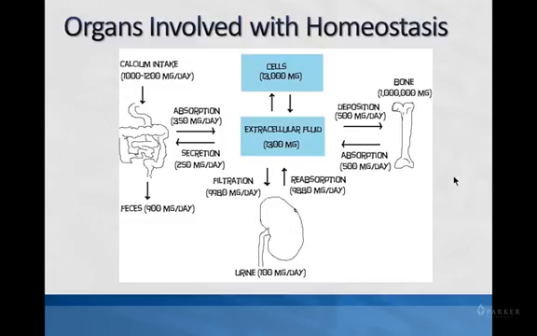We absorb it across the GI tract, not all of it, but a certain amount. What's not absorbed is excreted. We do lose some calcium through various secretions from digestive juices, so we lose some by normal secretions within the GI tract. The calcium that we take in and absorb helps maintain the extracellular fluid level of calcium. Some of that calcium is deposited into bone, which gives bone its strength.